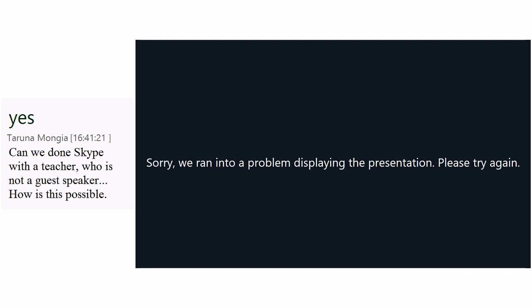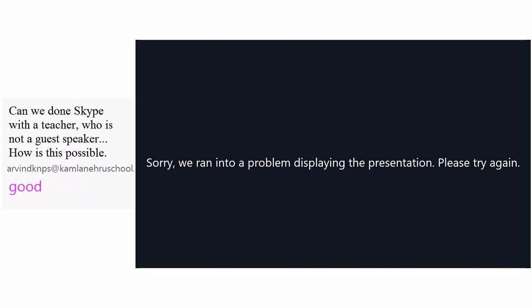Otherwise, it doesn't. If any of these is missing, if your mystery Skype request is missing, if your Skype ID detail in the profile is missing, or if you are connecting before or after the timing that you have given, it won't count the Skype miles. Okay.